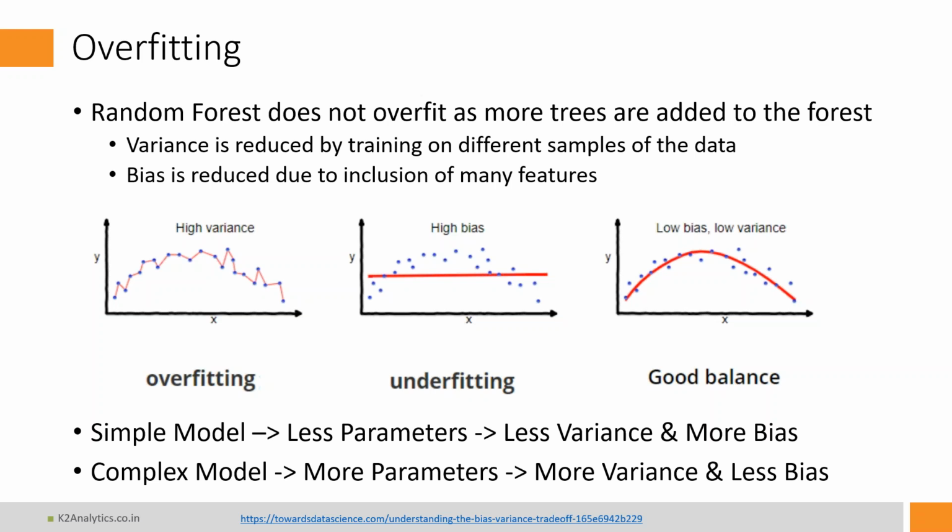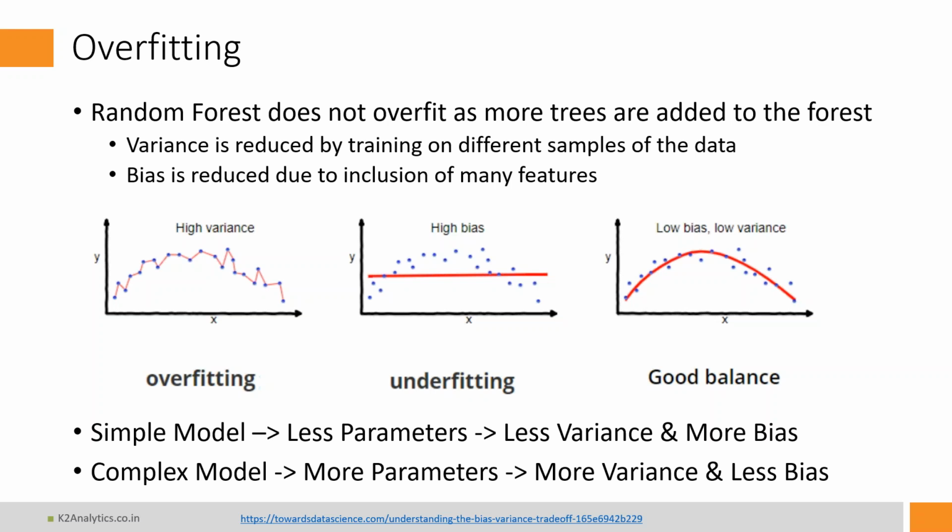On the other hand, if you build a very complex model, it will be a function of many parameters, and you are trying to fit more accurately. In that case, it may lead to more variance because now you are trying to overfit using all parameters and you are trying to accurately fit each and every data point. In that case, your variance will be high, but bias will be low.